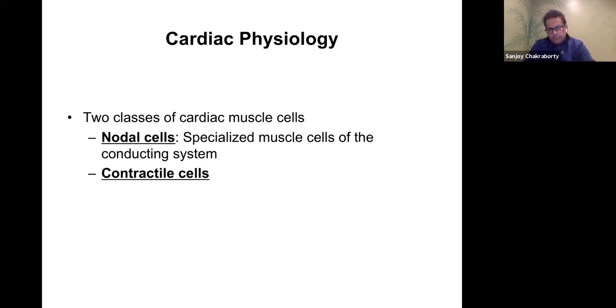Calcium ion binds with a protein molecule called troponin. When troponin binds with calcium, it moves the tropomyosin. When tropomyosin moves, the active site of the G-actin gets exposed, which binds with the myosin head, and the myosin head pulls, and that's a contraction.